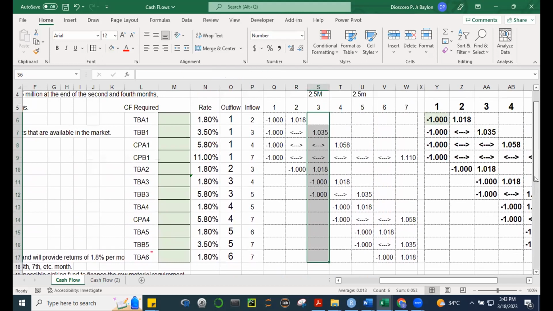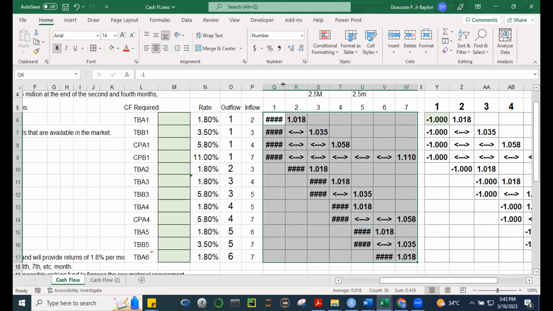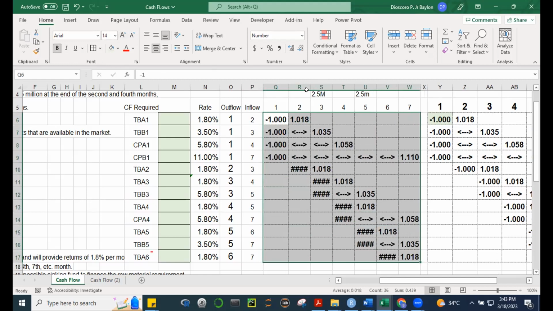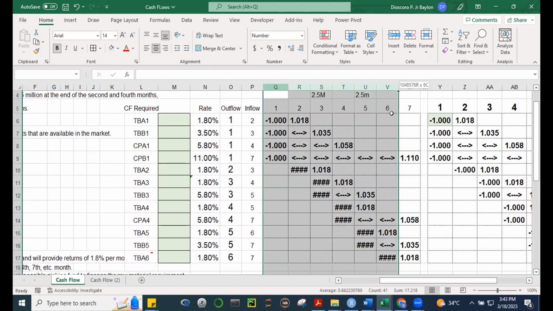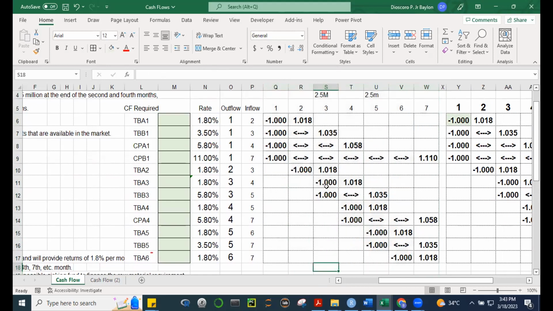Okay, for month 3, it will be 1.035 times TBB1, plus 1.018 times TBA2.